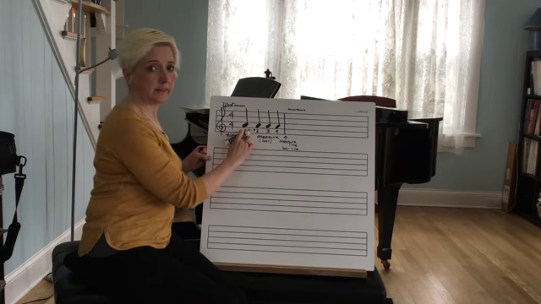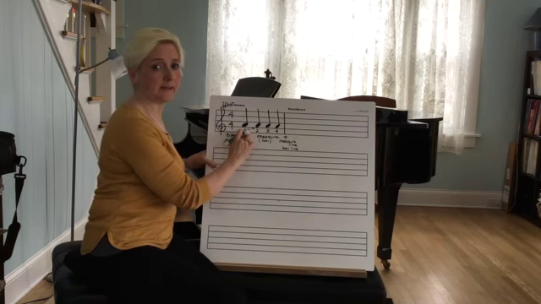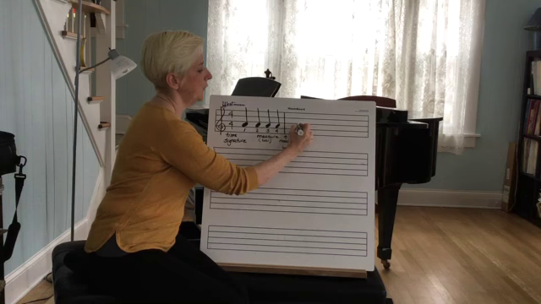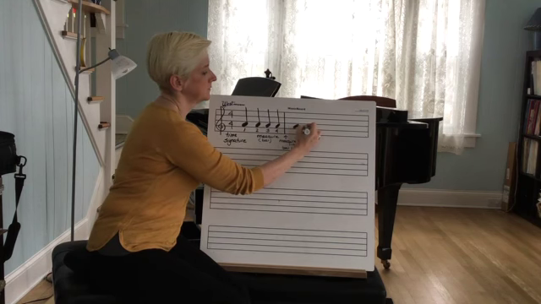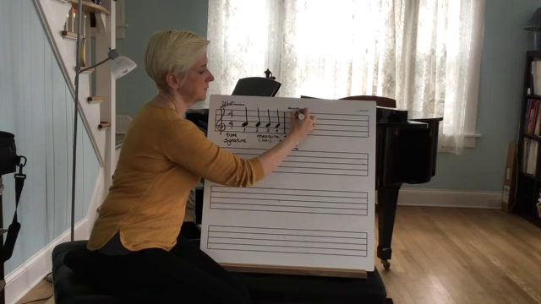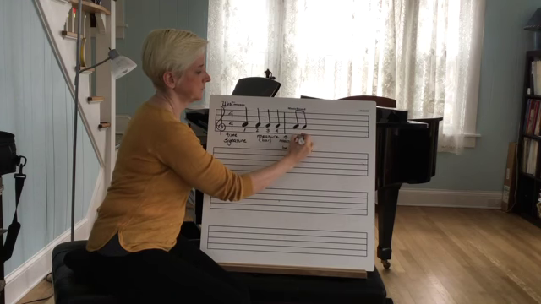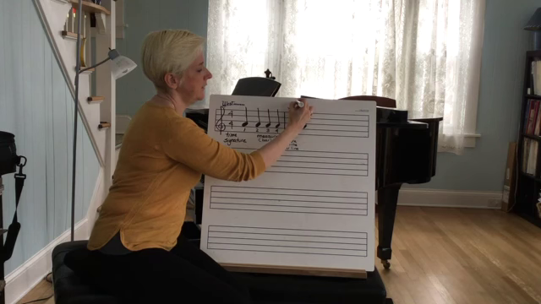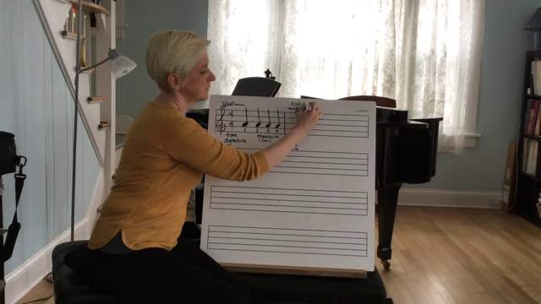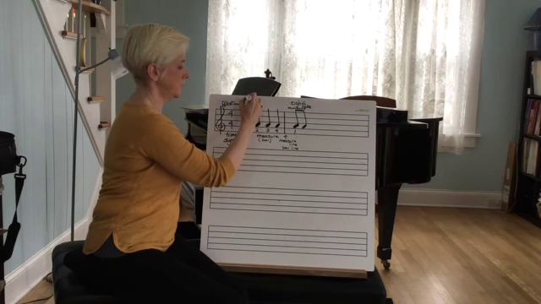So I can take this beat and I can cut it in half. When I do that, it takes 2 notes to equal 1 beat. And these are called eighth notes. And these were called quarter notes.